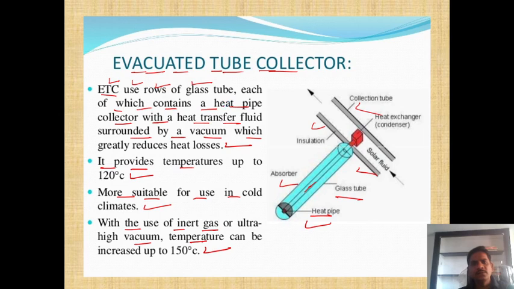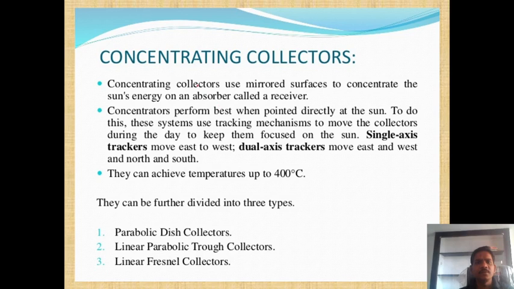Okay, now another very important topic: what are concentric collectors? So what is the definition you see here? This is very important. This question is always asked in the exam: explain the concentric collector. Concentric collectors use a mirror surface to concentrate the sun's energy on an absorber called a receiver. Concentrators perform best when pointed directly at the sun.